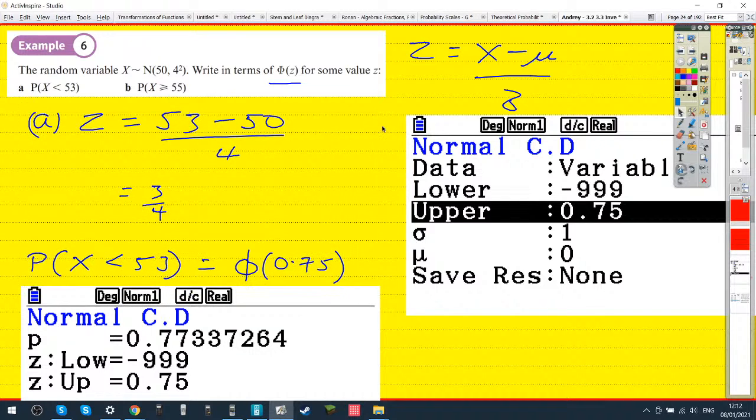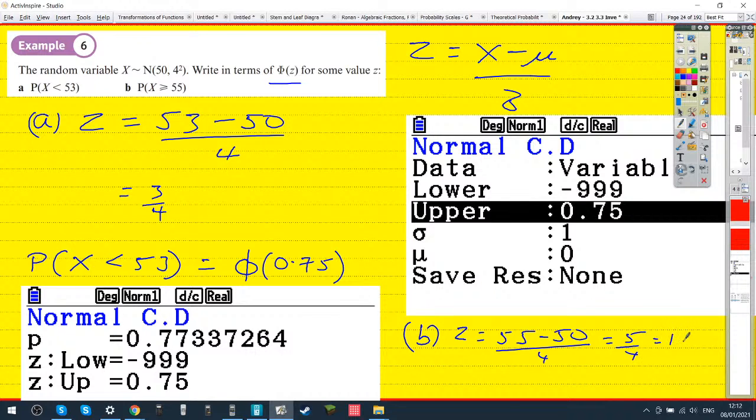So how about part B? What is Z in part B? Z will be now, is it just going to be 54? No, 55. Sorry, minus 50 over 4, and so 5 over 4.